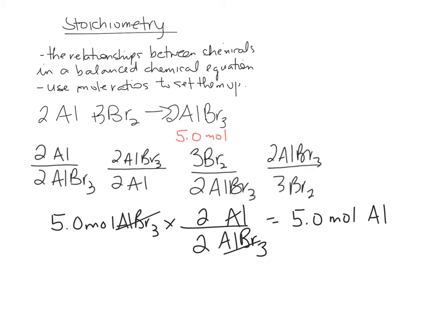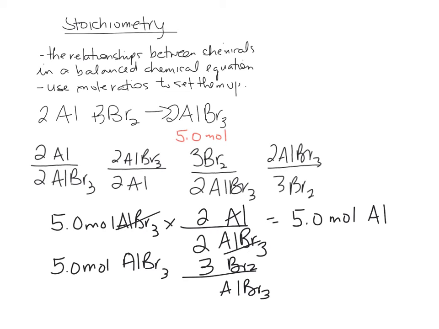Now, find out how much bromine I would need. Br2. So this time it's times 3 moles of bromine over 2 AlBr3.